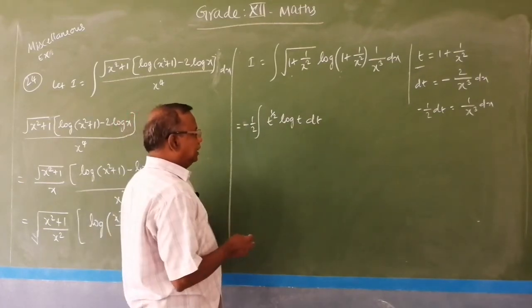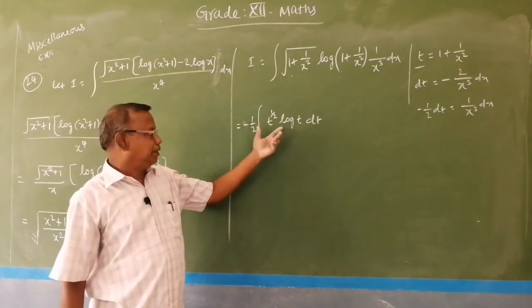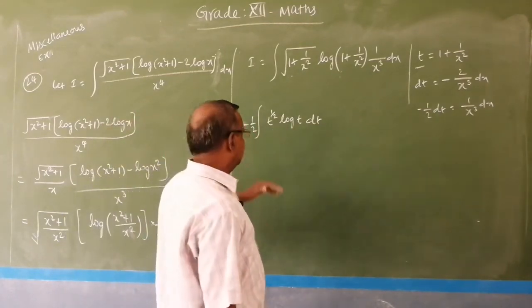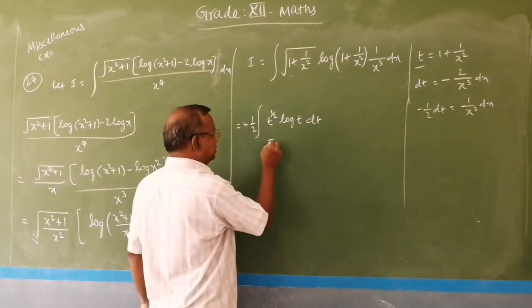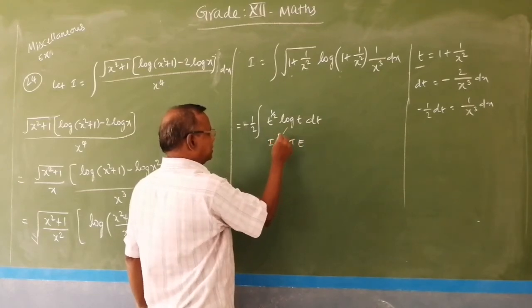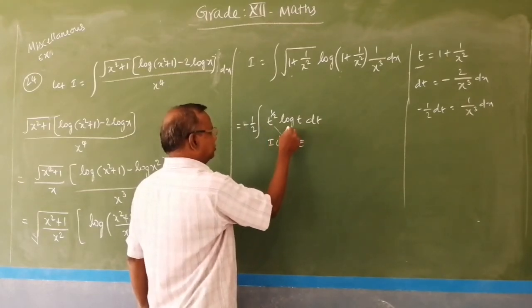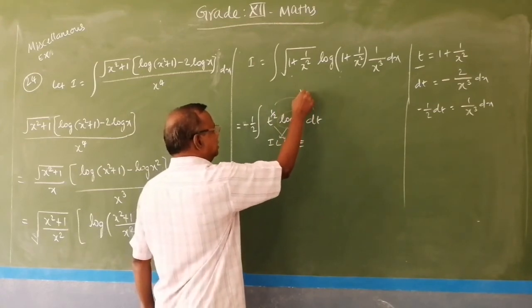Now it cannot be integrated directly, so we have to use integration by parts, that means partial integration based on ILATE preference. So logarithmic comes first, algebraic comes next, so we have to take this part as u, this part as dv.